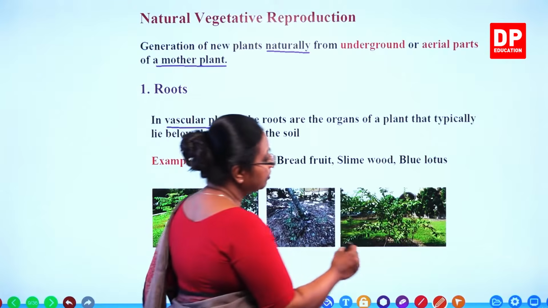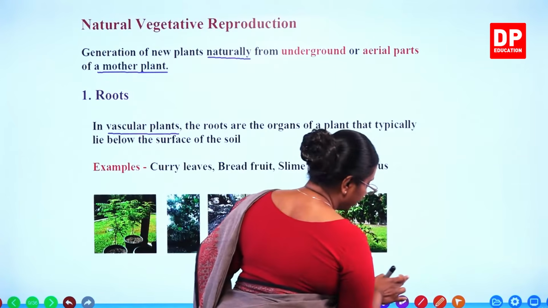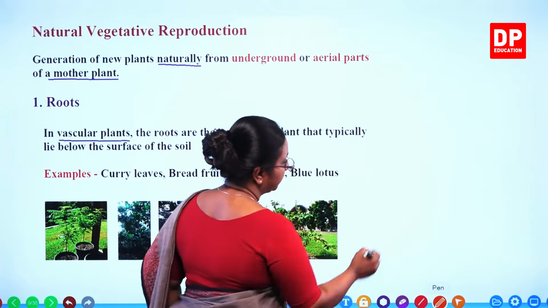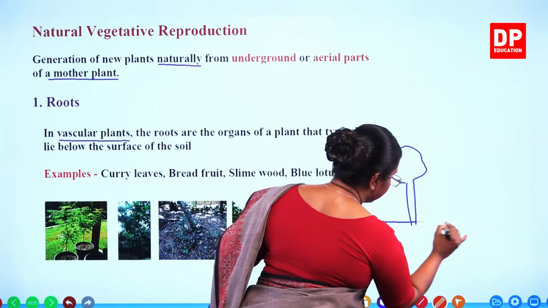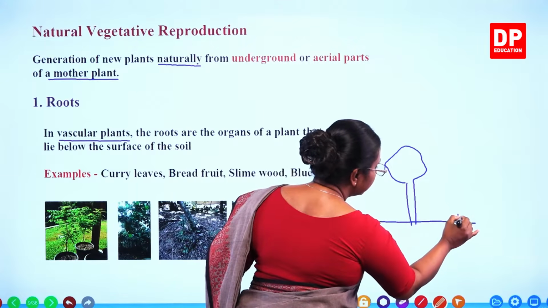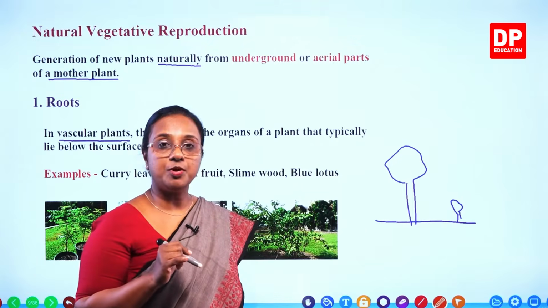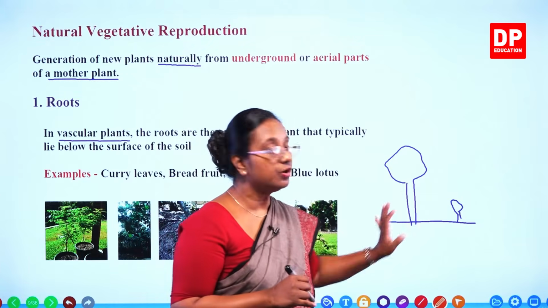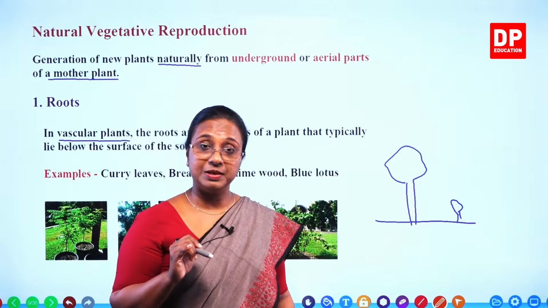But if you take certain plants, you would have seen this happening. Now, the mature plant, that is the mother plant, is in one place. This is the soil. But near the soil, you see another young plant growing. How is that possible? There are no seeds, no other structures, but you see another plant coming.